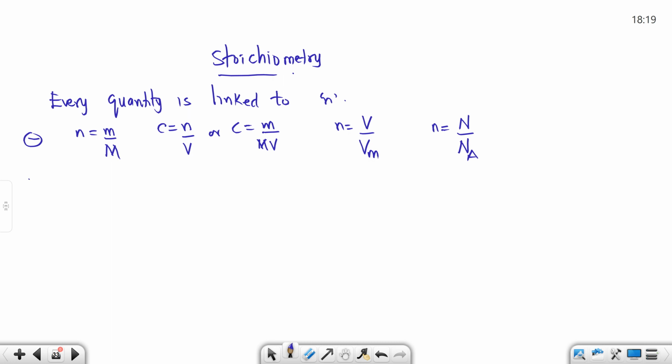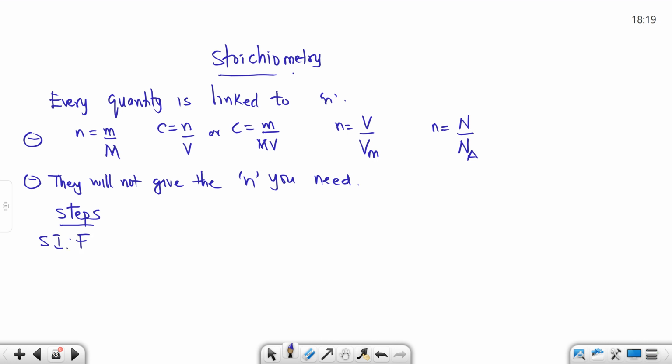Now, here's this. They will not give you the number of moles you need. That's one thing you must know. Now, what are your steps of calculation? Step 1, find the number of moles that reacted.